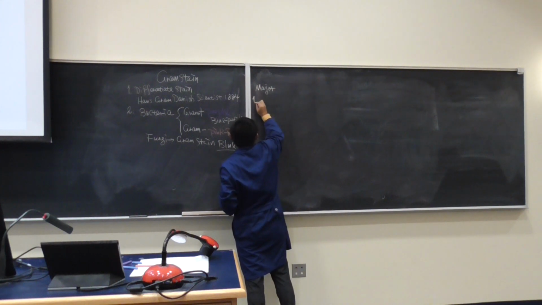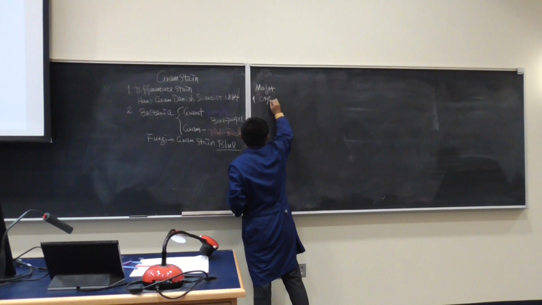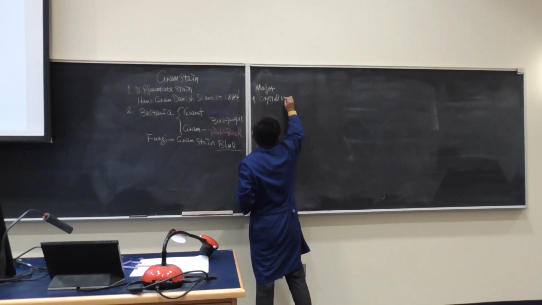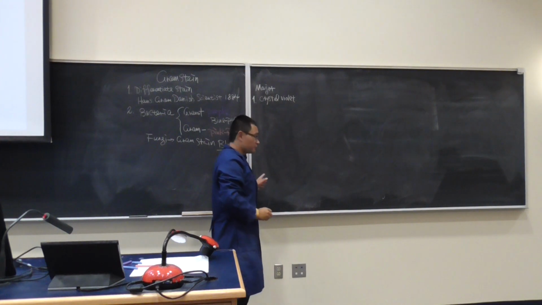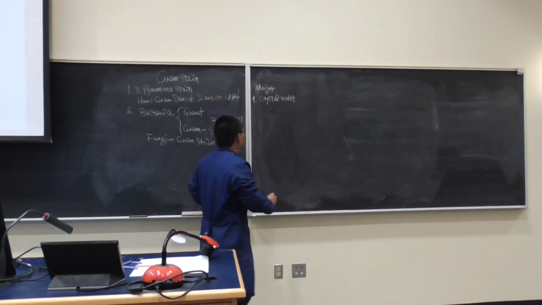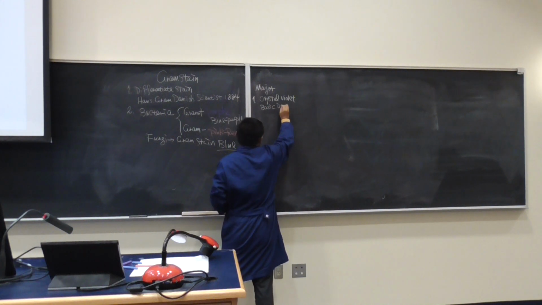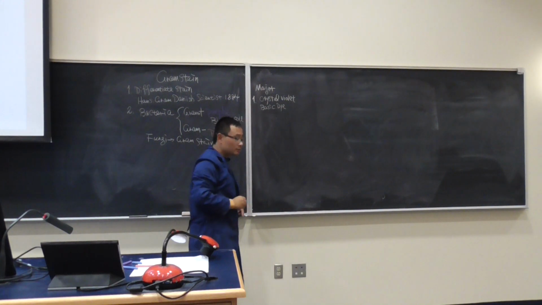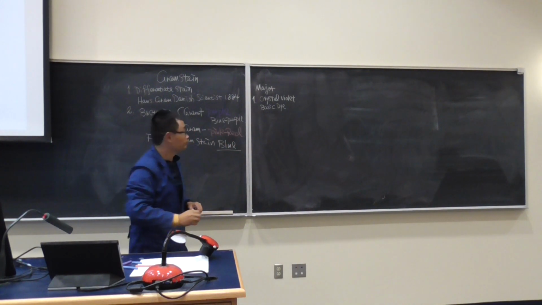Number 1, crystal violet. The function of the crystal violet is a basic dye. So we have to add something there, and the purple color is a very strong color. It can show very clearly.